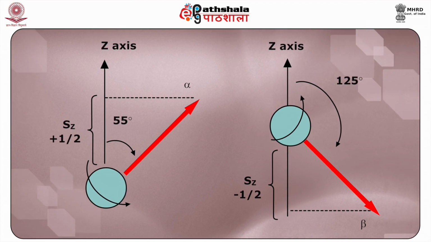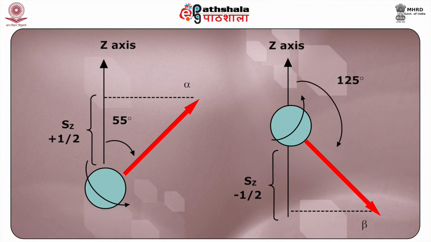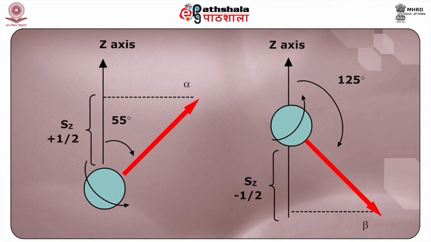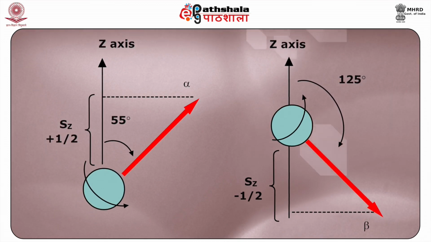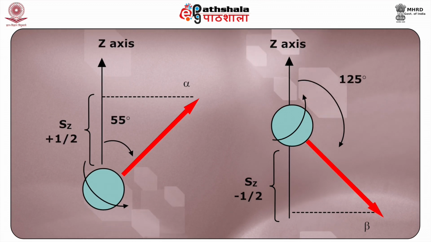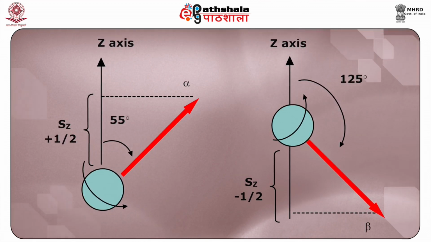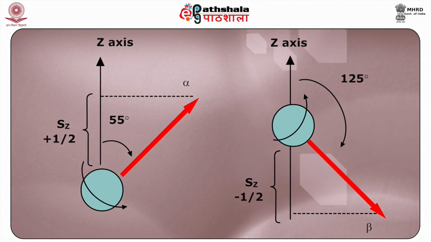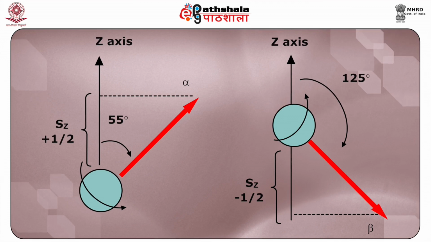In simple terms, S is the quantum number associated with the length of the total spin and ms is the quantum number associated with the orientation of total spin relative to the z-axis. Therefore, the possible values of ms can be S, S minus 1, and up to minus S.